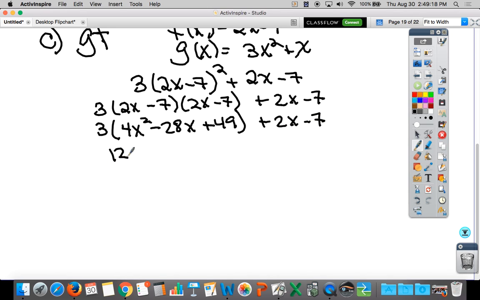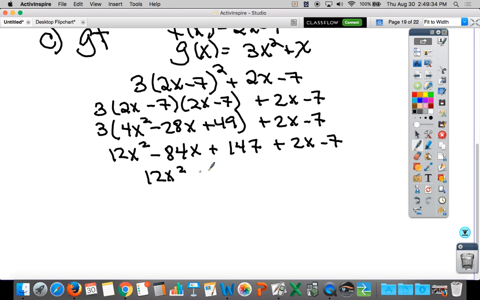So that's 12x squared minus 84x plus 147. And then I'm just combining like terms.